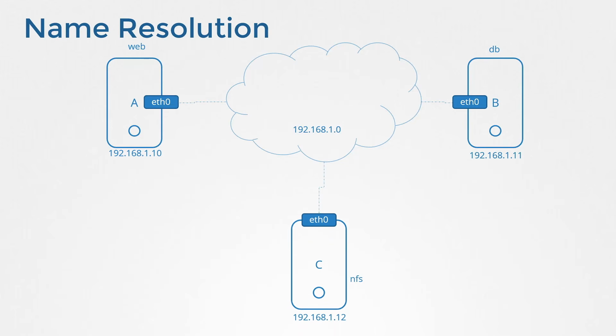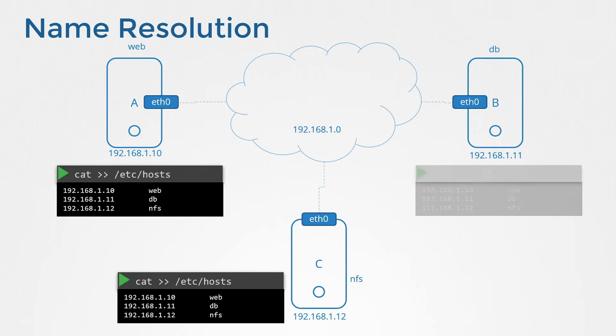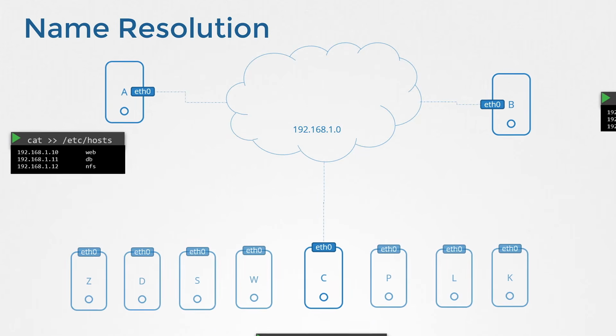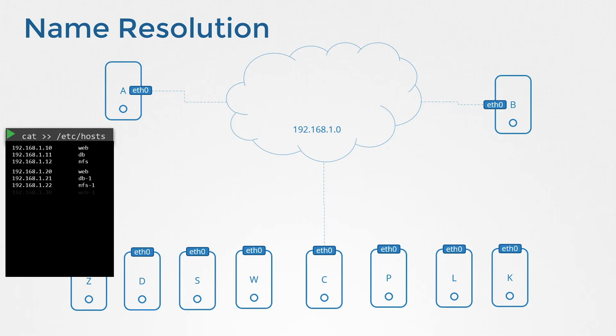Within a small network of a few systems, you can easily get away with entries in the /etc/hosts file. On each system, I specify which are the other systems in the environment, and that's how it was done in the past. Until the environment grew and these files got filled with too many entries, and managing these became too hard.